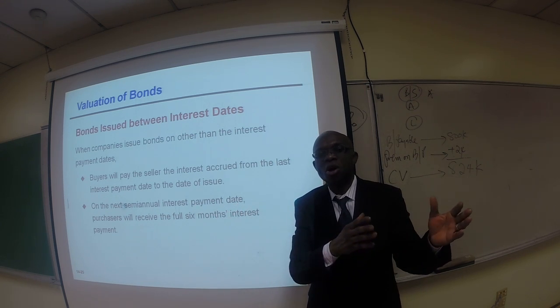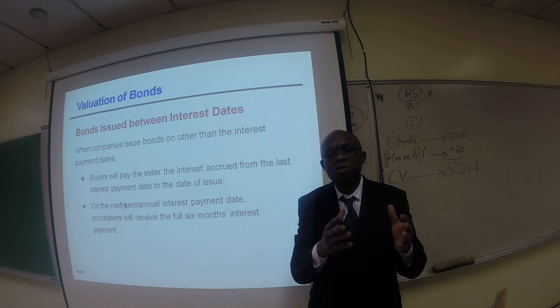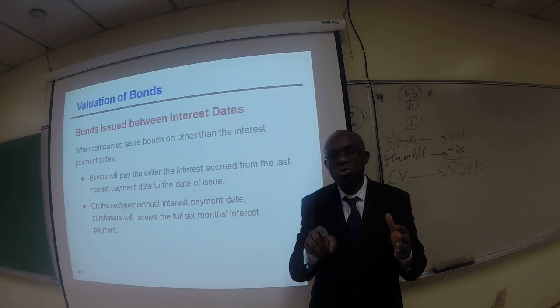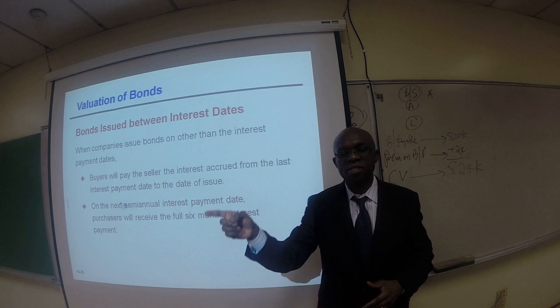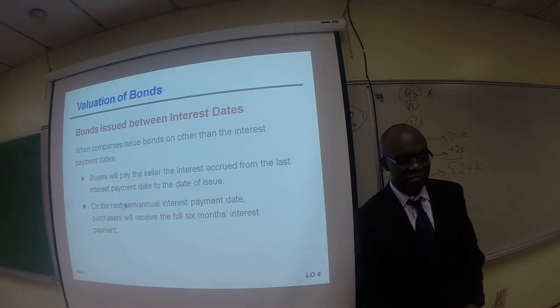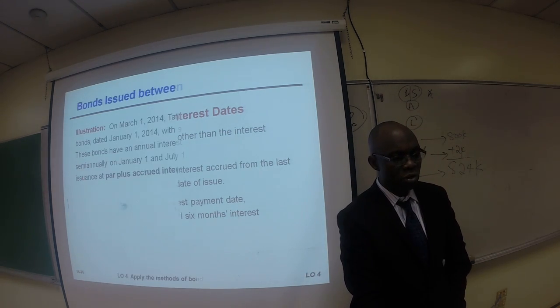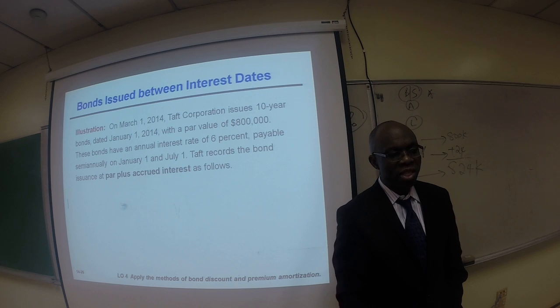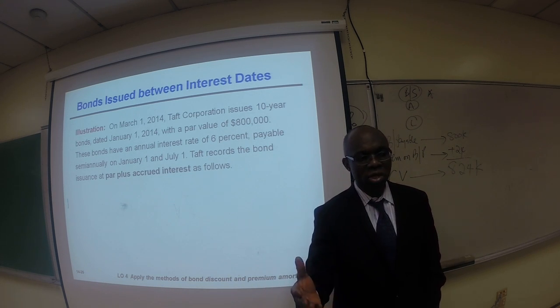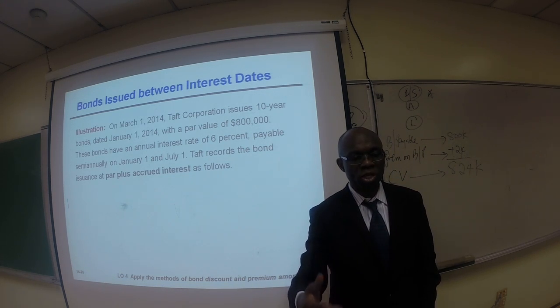So the investor coughs up the first 3 months interest plus the selling price. Then in 6 months we just pay the investor the full 6 months interest. So that is basically what you need to know relative to bonds issued between interest dates.